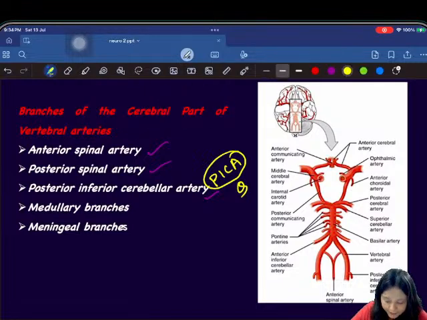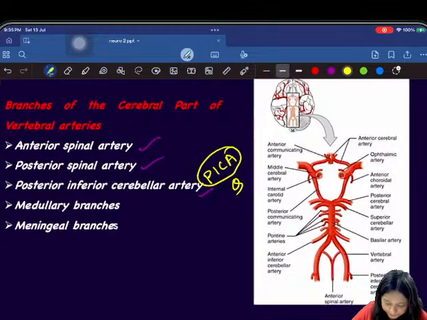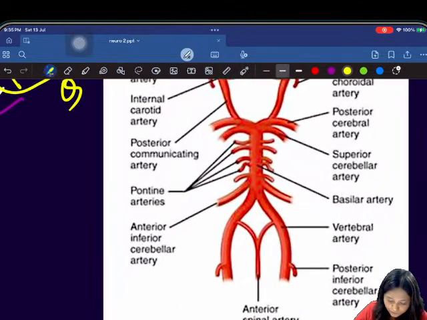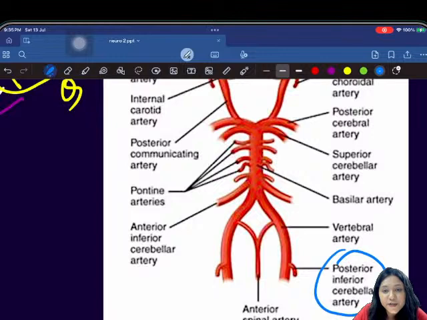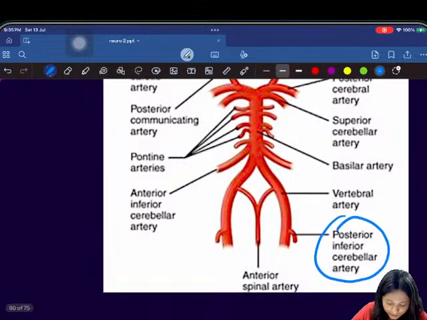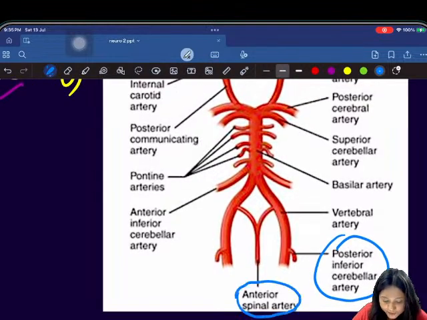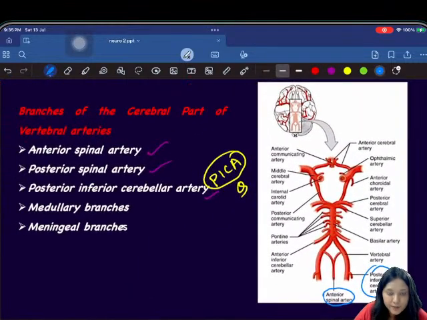Then you have medullary and meningeal branches, as you can see here.